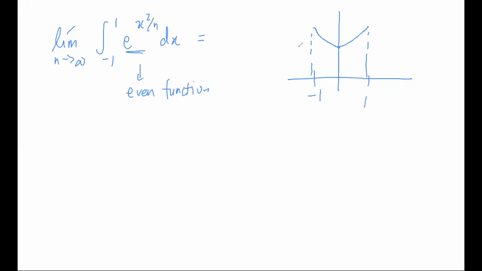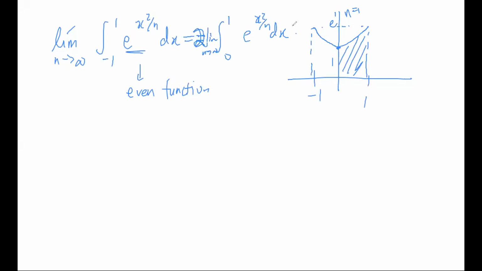For n equals 1, this line will be e to the 1, and so on and so forth. So in fact, this is equal to the integral over 0 to 1, multiplied by 2, because it's symmetric, so you just do one piece.